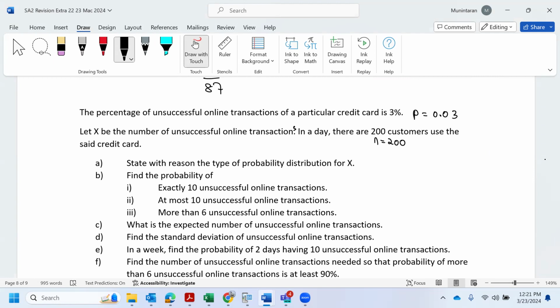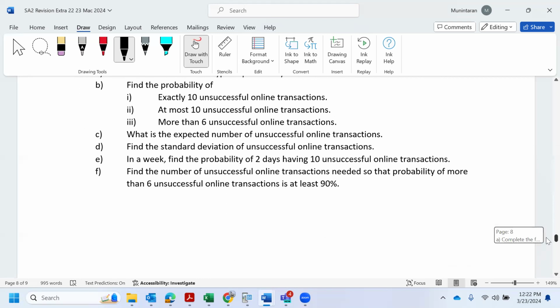So in this case, there is either a successful or unsuccessful online transaction, two outcomes. We have a fixed number of trials, 200 customers. The customers are all supposed to be independent, all right? And the probability of success is 0.03. So it is a binomial distribution.